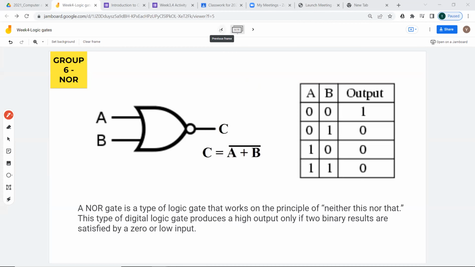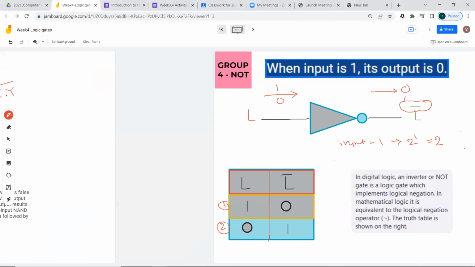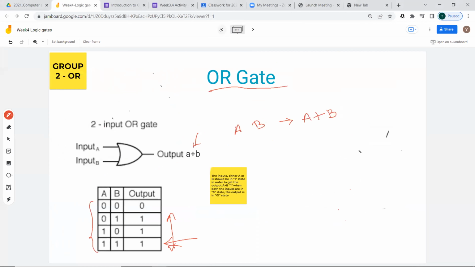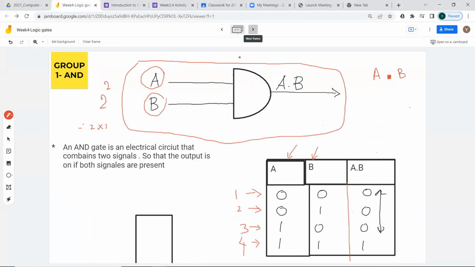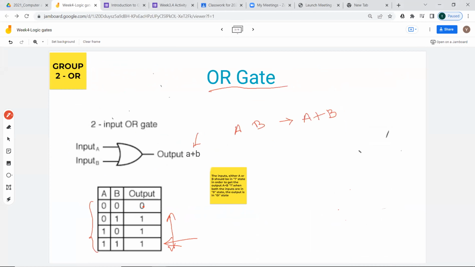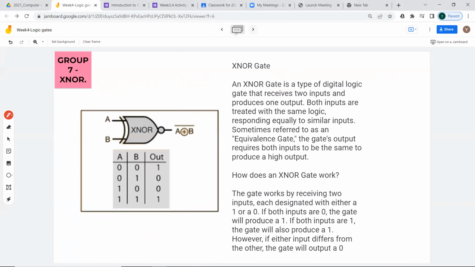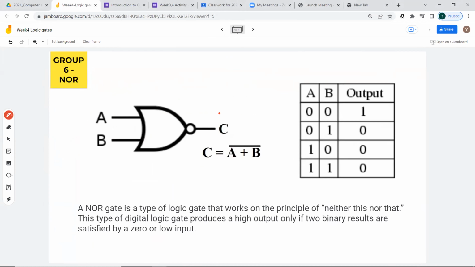Right. Now for this one, I would like to take you back to the OR gate. When you are checking the output of the OR gate, here you see 0, 1, 1, 1 according to this given format of the input. And when it comes to this one, again we have an inverter along with the OR gate, right?